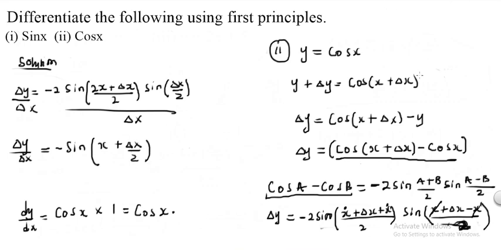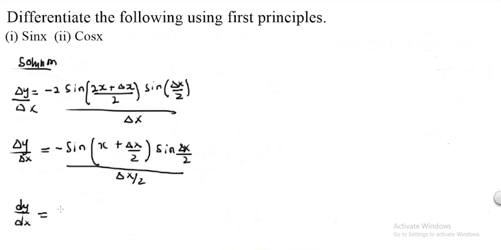Okay, so here we have times sin(delta x over 2) divided by delta x over 2. Let me clean up the space. dy/dx is equal to the limit as delta x approaches 0 of delta y over delta x.